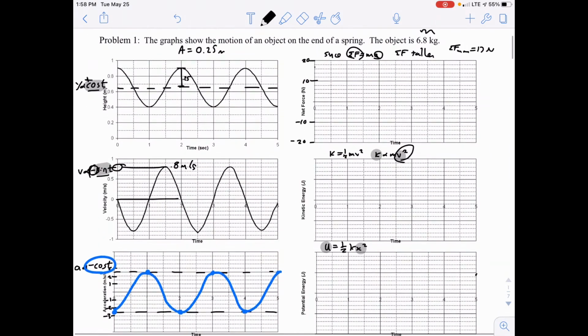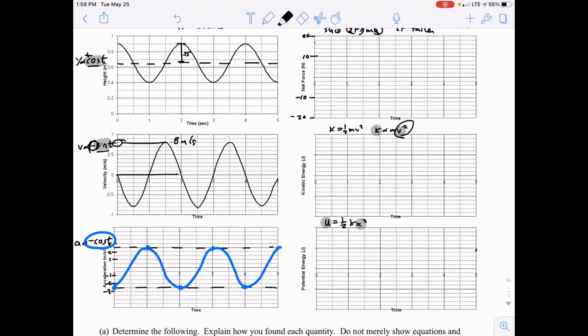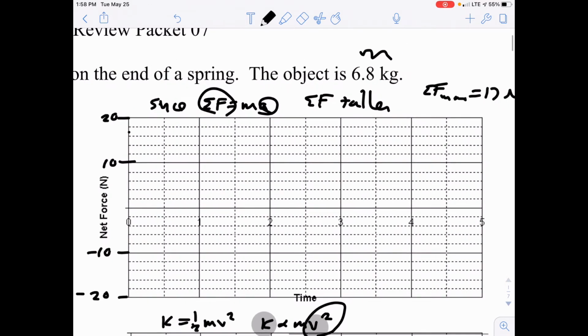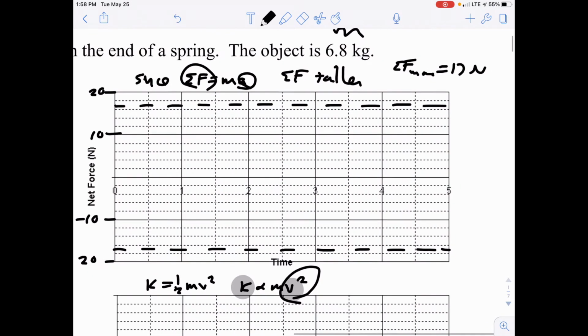So remember, a net force graph is supposed to look like an acceleration graph, meaning if this is negative cosine, this will be negative cosine too. So you expect it to look like this also. But I'm going to put my asymptote in there on both sides. That's 17 newtons all the way across, and negative 17 newtons all the way across. That way I know exactly where to cap off the highest and lowest point of my function.